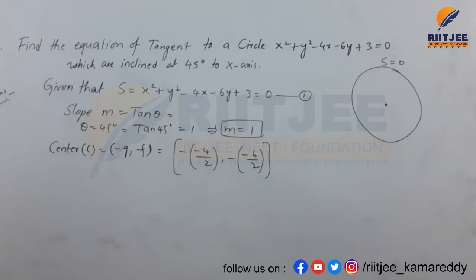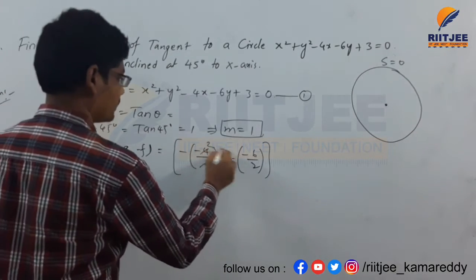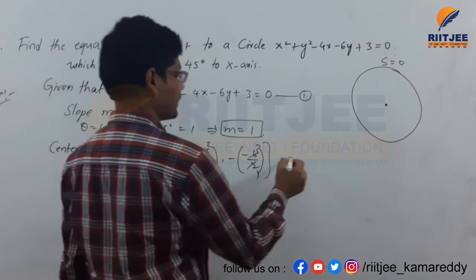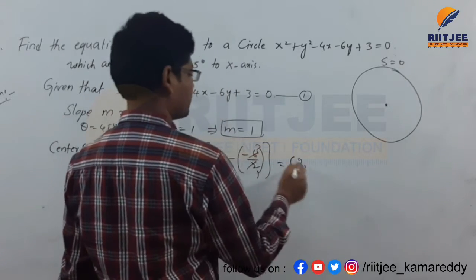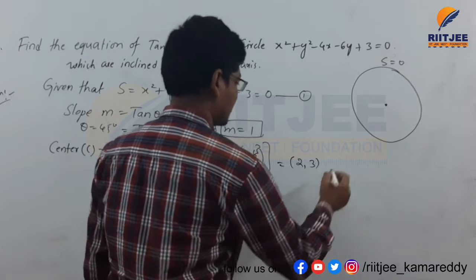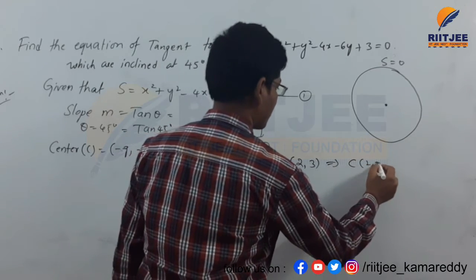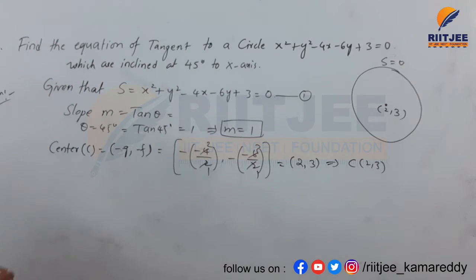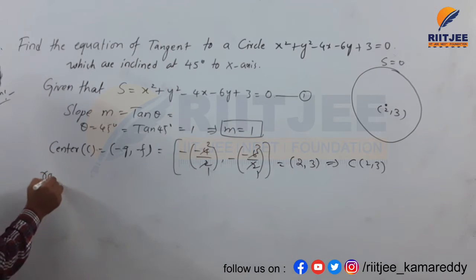Minus into minus becomes plus 2 and minus into minus becomes plus 3. The center C is (2, 3).